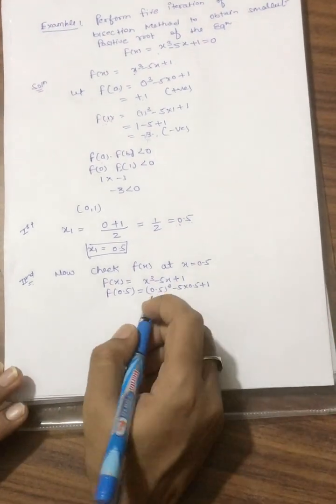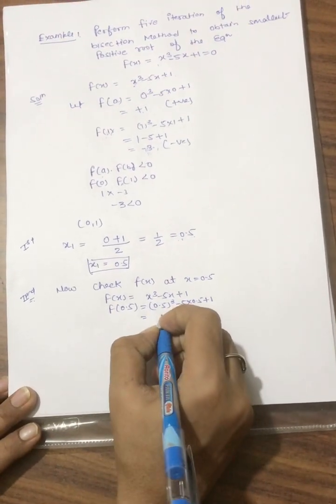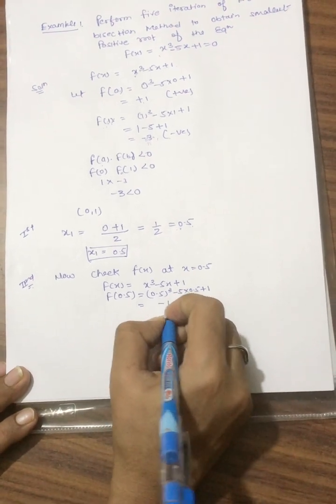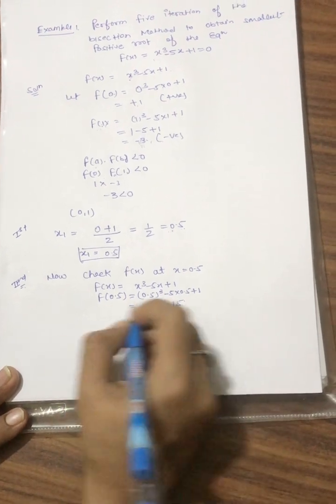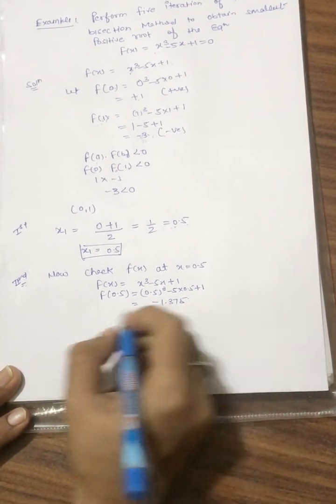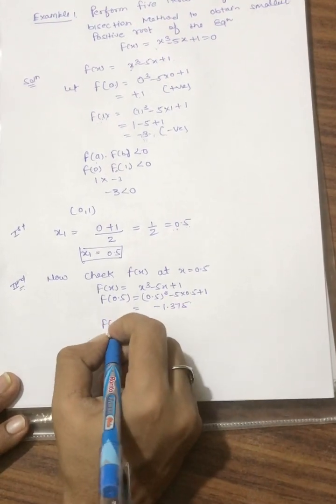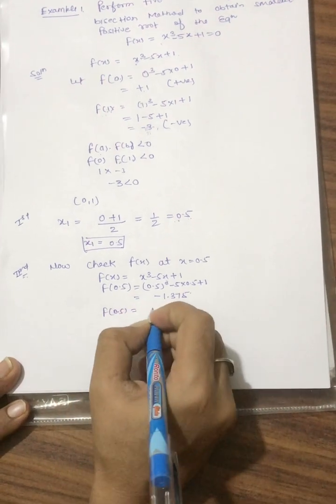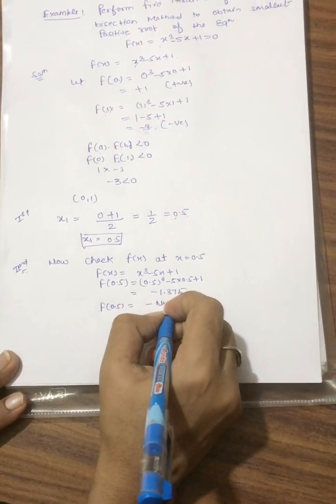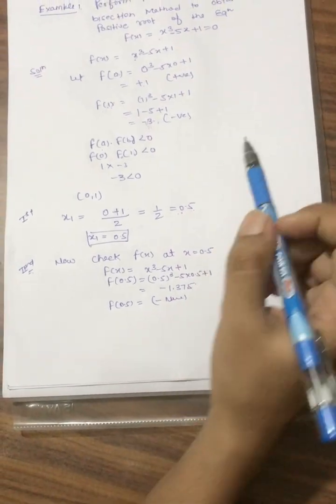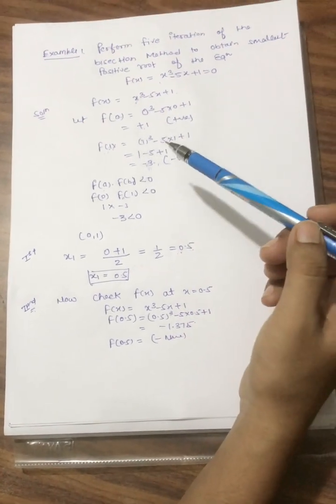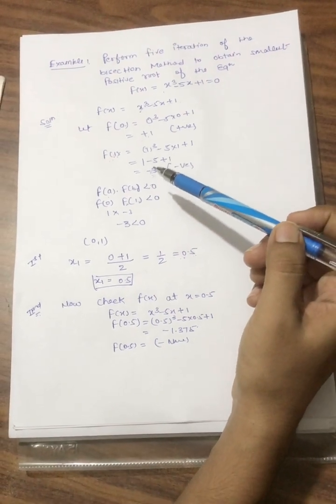So you will get the value minus 1.375, which is less than 0, right? At the point 0.5 the value is negative. So now you have to check the values at the points 0 and 1, and see where it is positive.